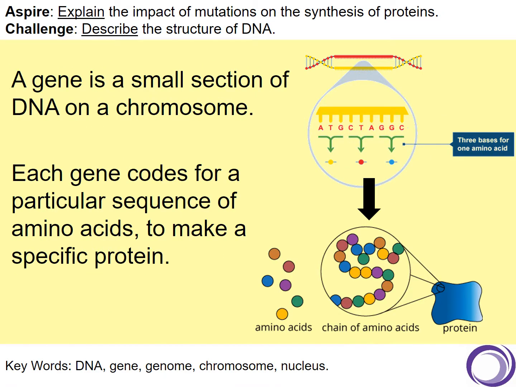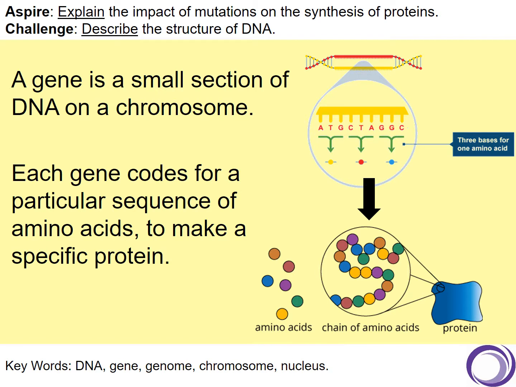A gene then is a small section of DNA on a chromosome. Each gene codes for a particular sequence of amino acids. And that particular sequence of amino acids then makes up a specific protein.